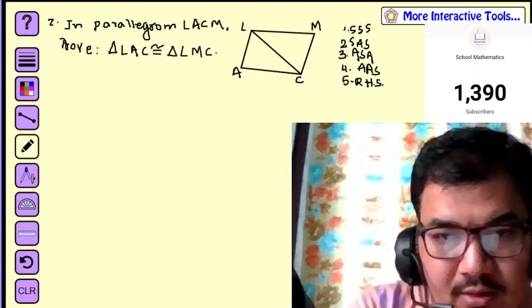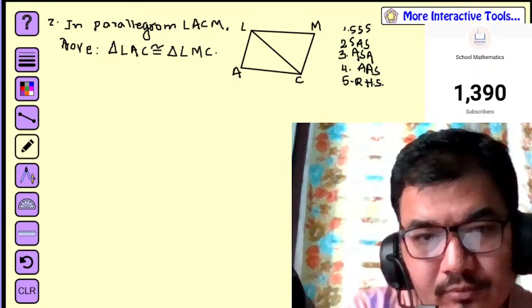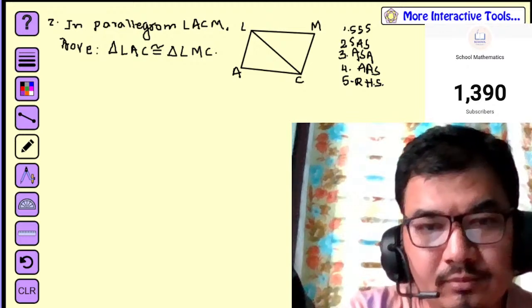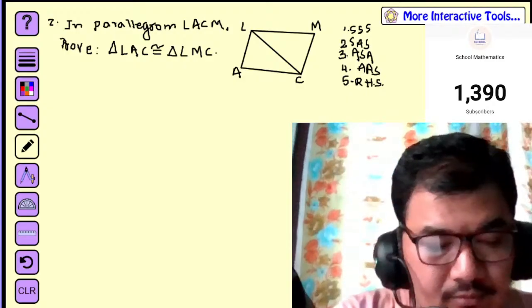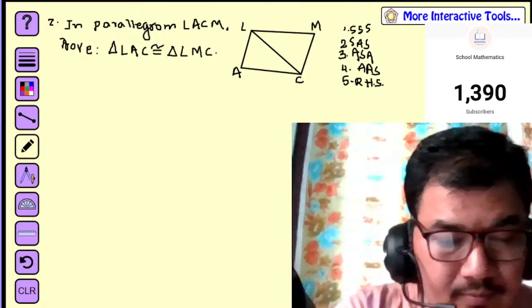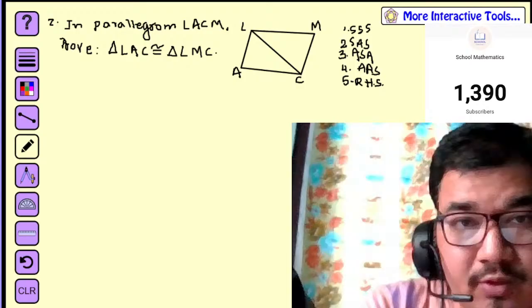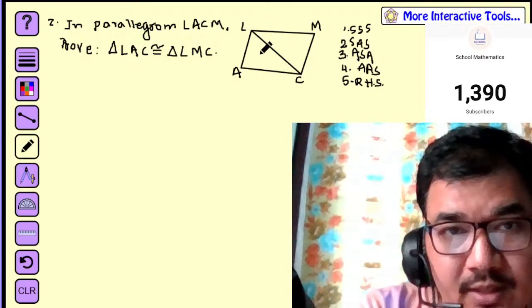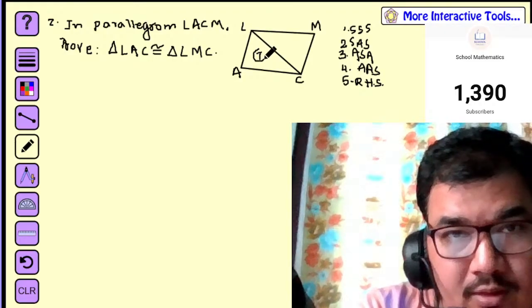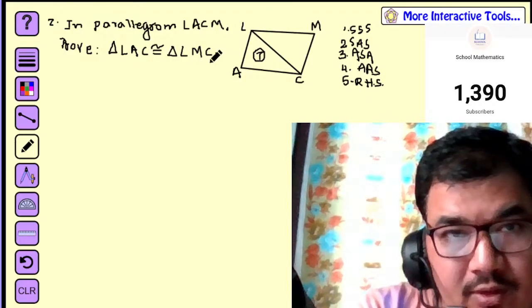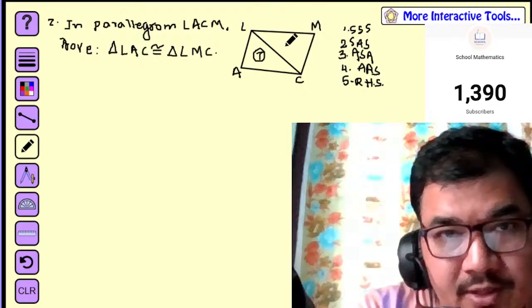And in this given triangle, look students, how to prove these two triangles. This one triangle is LAC, and the other triangle is LMC.